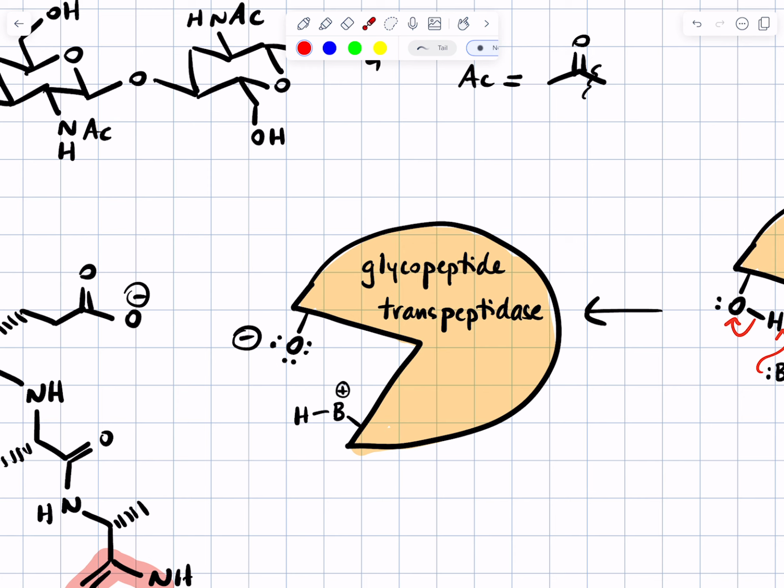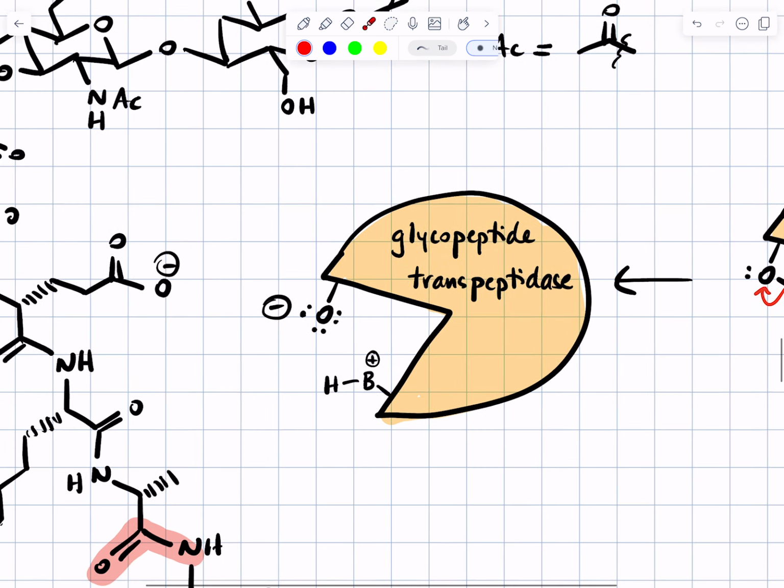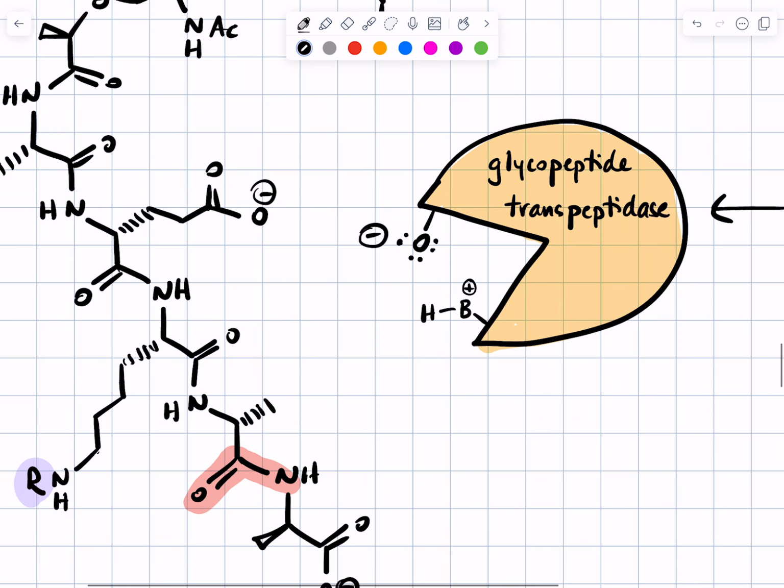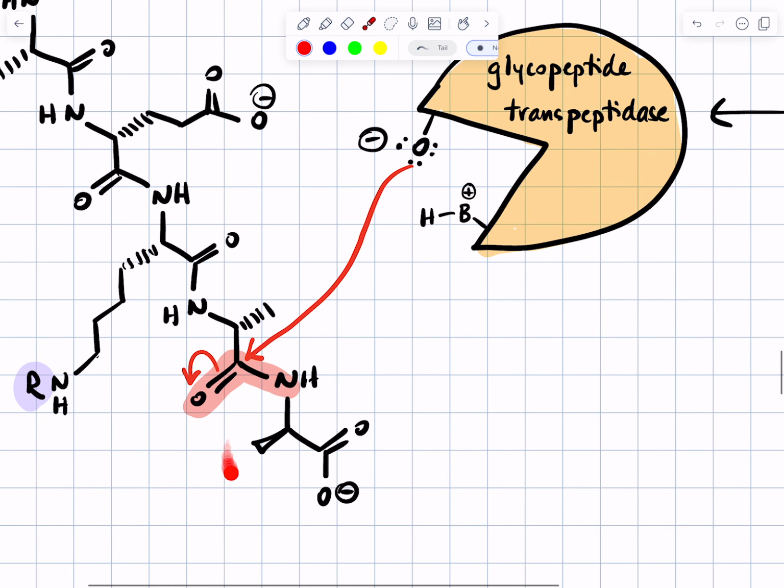And what we want to have happen here is for the negatively charged oxygen on the enzyme to attack the carbonyl carbon of the amide to generate a tetrahedral intermediate. And then maybe with proton transfer, we want to clip off this section, have it leave as a leaving group.